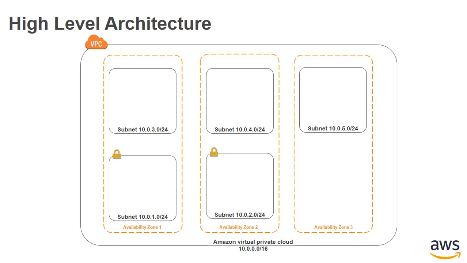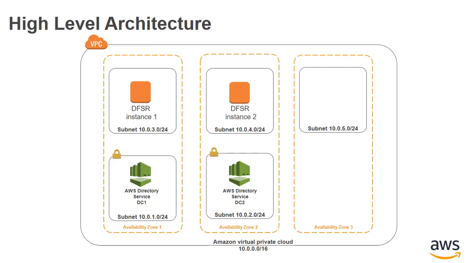In the 2 private subnets, I'm going to set up AWS Directory Service, so domain controller 1 and domain controller 2 will be in the 2 private subnets. And in the public subnets, I'm going to create EC2 instances and install Distributed File System Replication services.